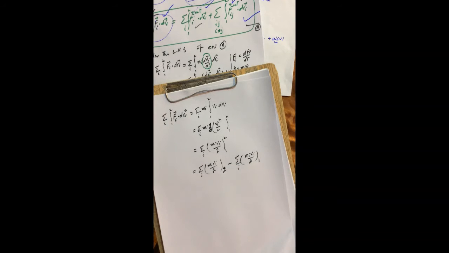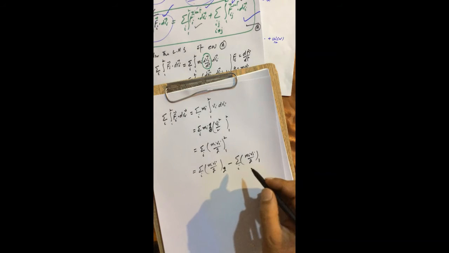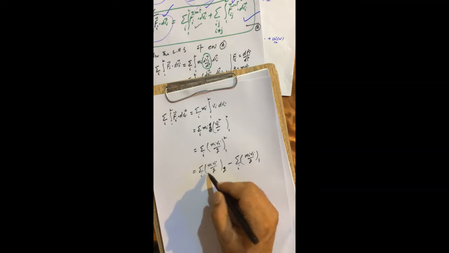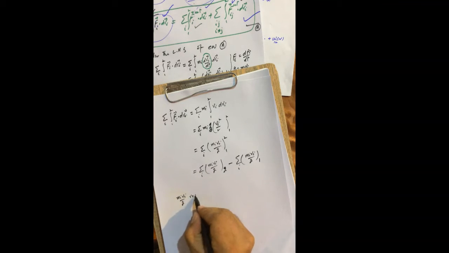Now the terms here in the bracket, like this term, mi vi square over 2, represent the kinetic energy.